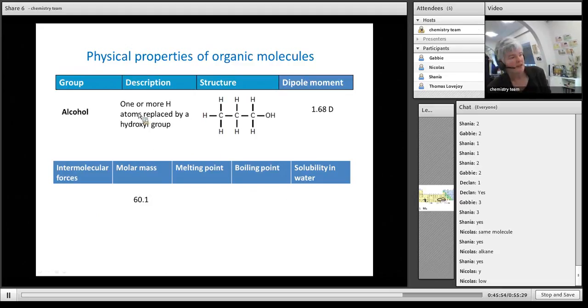Alcohols. Alcohols, you can see it's also got a separation of charge. But an alcohol has got OH. Now, do you remember the other type of very strong intermolecular force you did in 2.4? You had the van der Waals, and what was the other one?